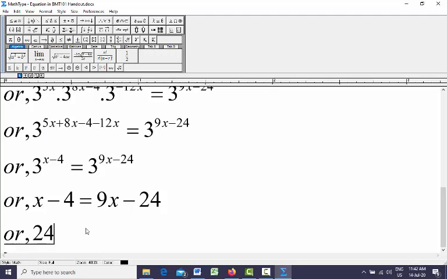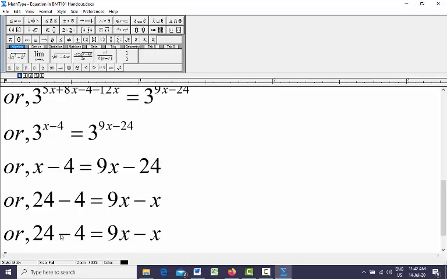If you bring this 24 on the left hand side, the sign will change, so 24 minus 4 is equal to 9x minus x. So we have 20.